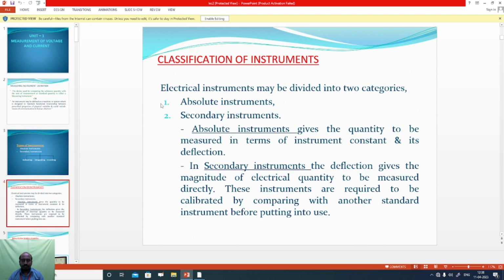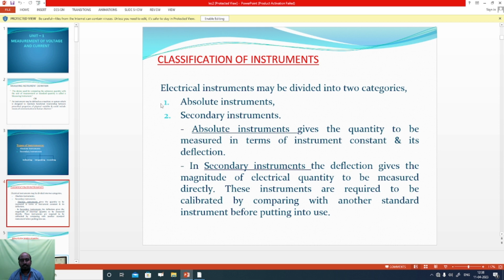Absolute instruments give the quantity to be measured in terms of the instrument constant and its deflection. Every instrument has an instrument constant and a deflection parameter, which is the measured quantity.